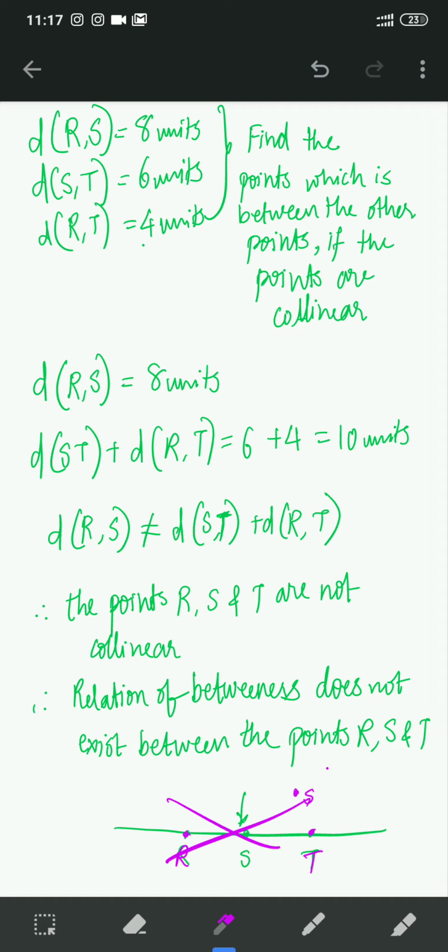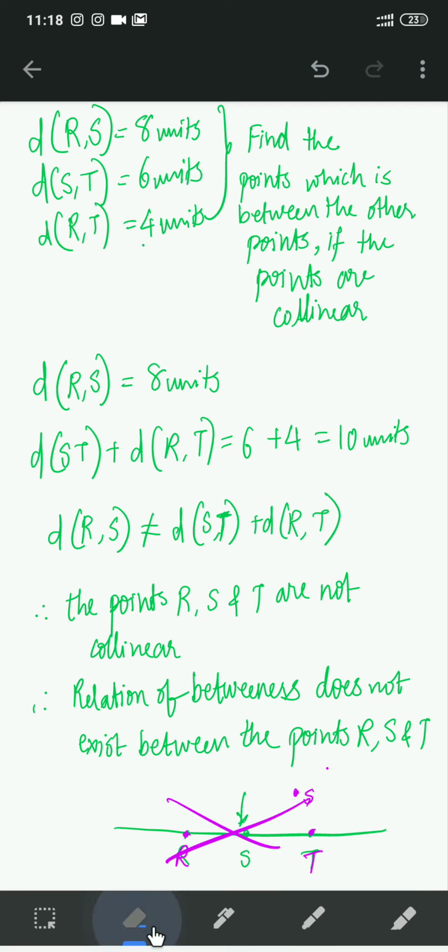Now let's solve one more of this type. Let's take this example. I'll clear the canvas again. The distance between points A and B is equal to 16 units.